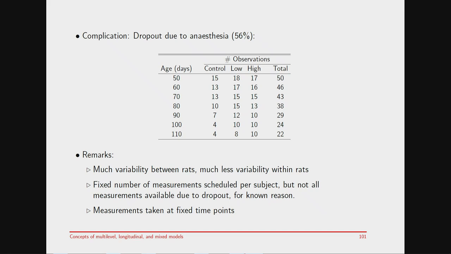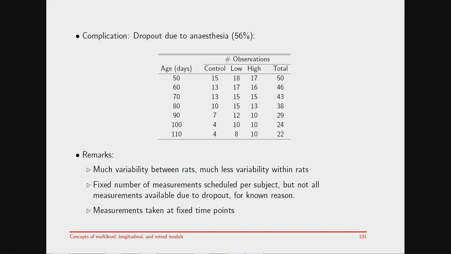Next year, there will be a whole part in the course on how to deal with missing data in a longitudinal study. There are many different techniques you can use, but that's not going to be the key issue here. The good news here is that we know the reason for dropouts. It's the animal that dies. And there is no reason to believe that dying because of the anesthesia has any relationship with the outcome that we are studying here.